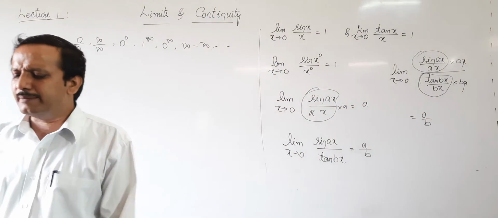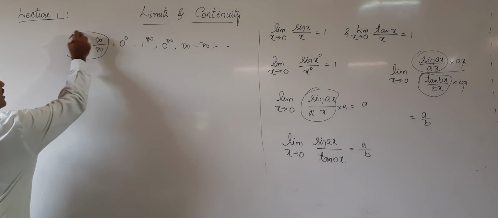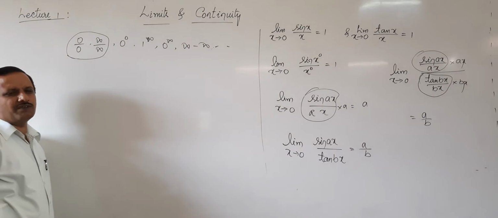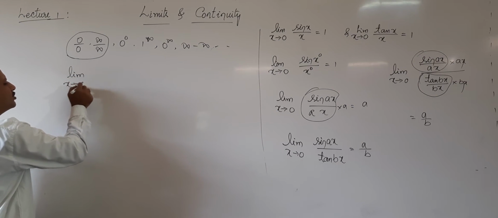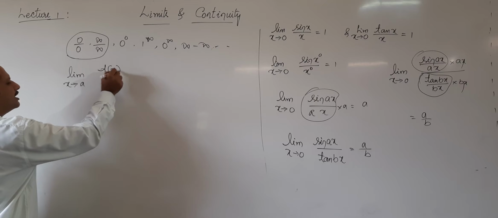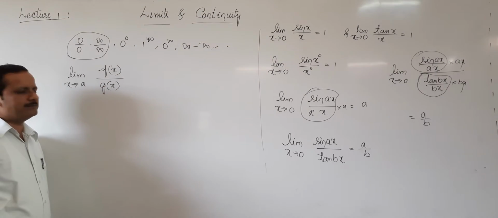Among them, if we end up getting 0 by 0 or infinity by infinity when we directly apply the limit, let us say you have limit x tends to a, f of x divided by g of x. Let us assume that we have this problem.